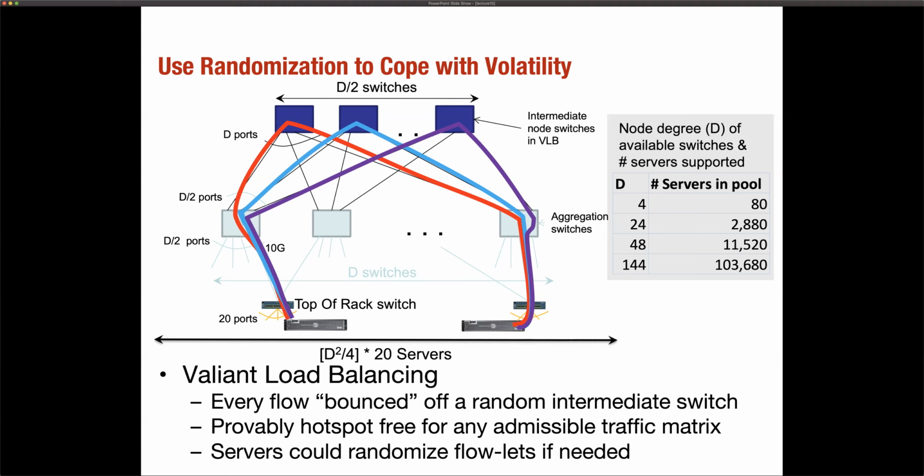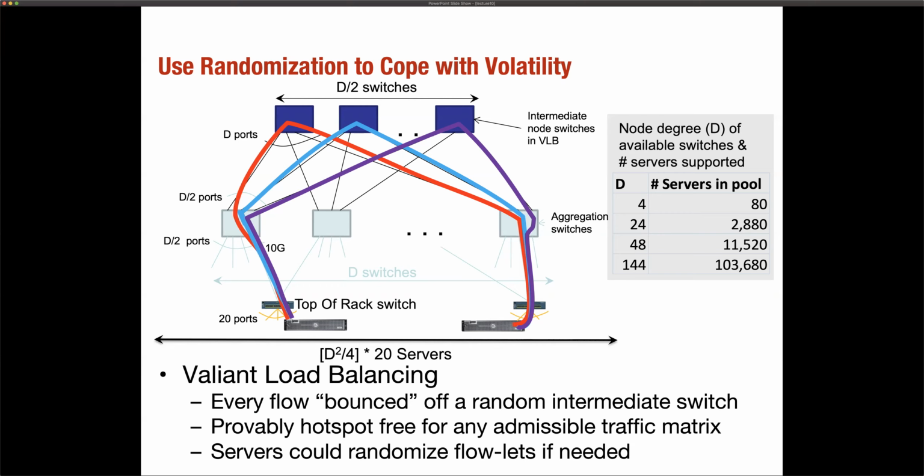Say in this case, when the traffic goes from the top of rack switch to the aggregation switch, it has D by 2 different options at its disposal. It can just randomly map a particular flow to any of those switches, right? And because there's full connectivity across all the switches, traffic can still reach its destination.